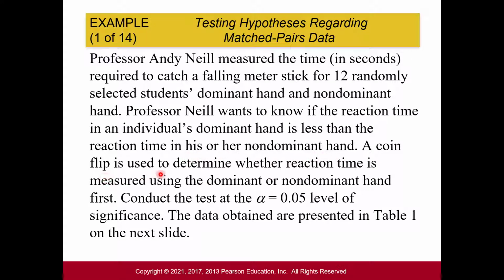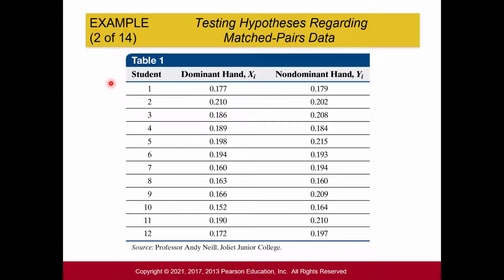A coin flip is used to determine whether reaction time is measured using the dominant hand or non-dominant hand first. We're going to use alpha equals 0.05 for our level of significance, and the data for this experiment is here. We had 12 students, and then our dominant hand and non-dominant hand times in seconds to catch the falling stick.